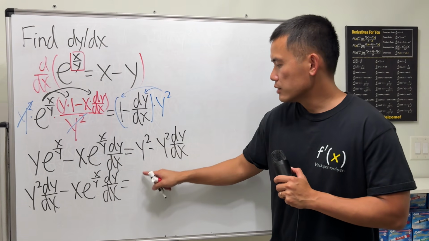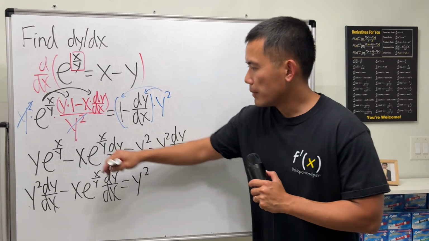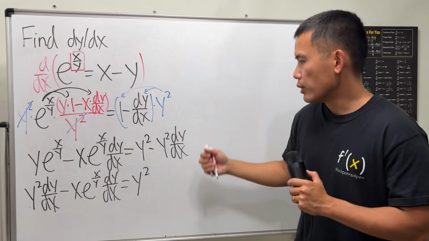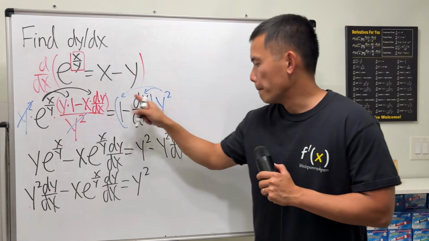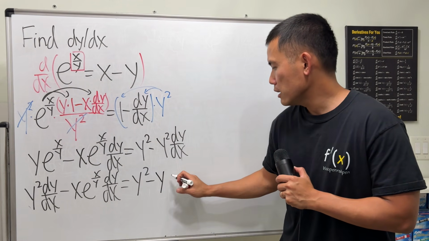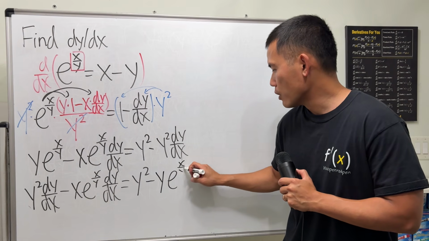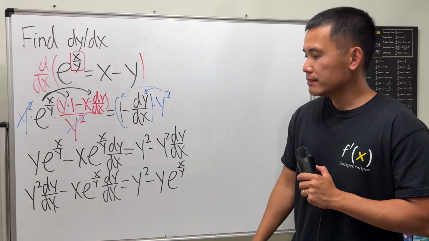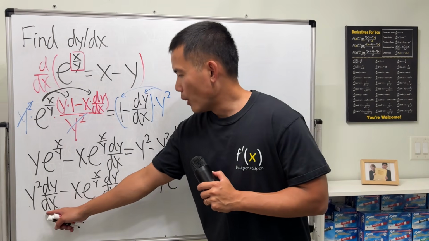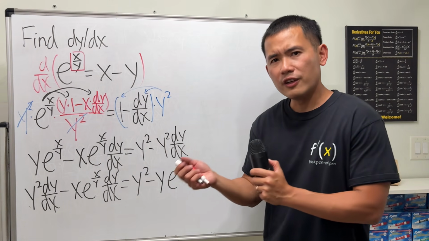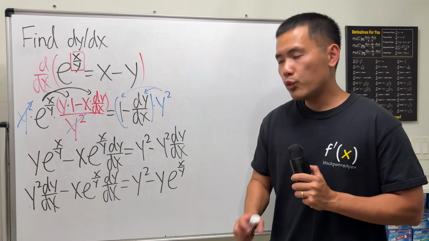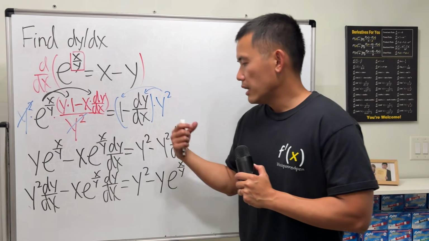On the right hand side, this right here stays, but I'm bringing this to the right hand side, so that will become a minus y e to the x over y. Now have a look. Both terms have dy dx, so we can factor that out. And I would recommend you put that at the end.